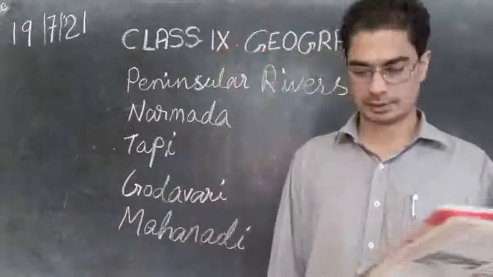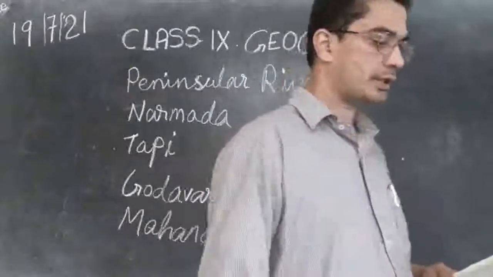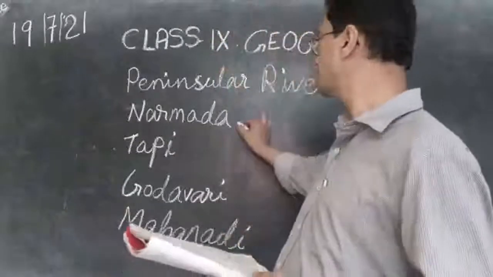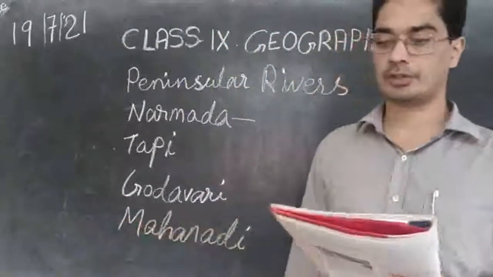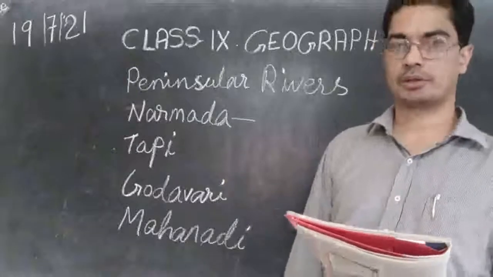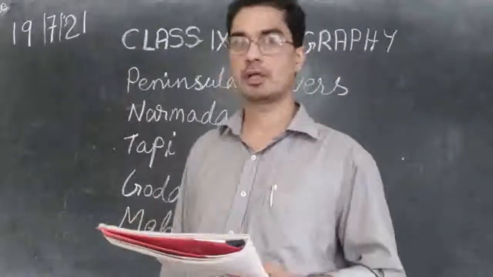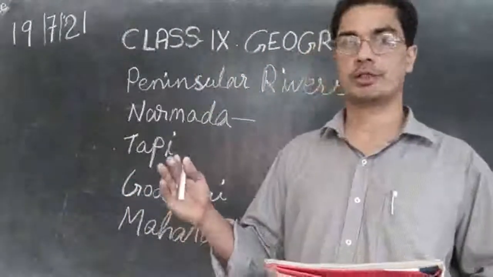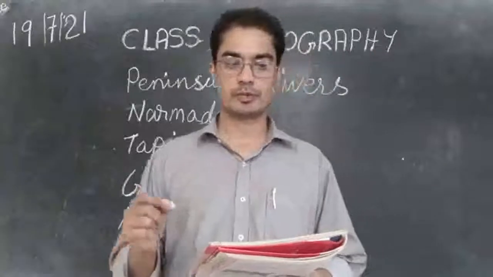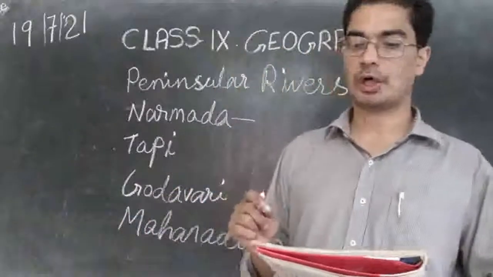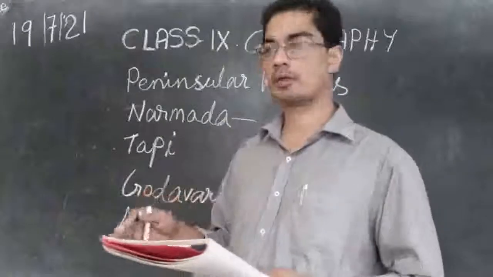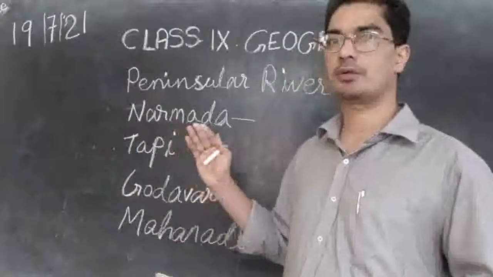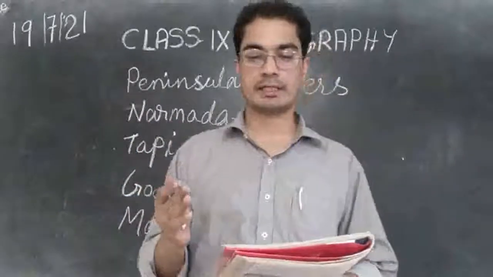We also said that all the tributaries of the Narmada river are very short. They are not flowing for a long distance, but only for a short distance. Most of these tributaries join the main stream, the Narmada river, at right angles.